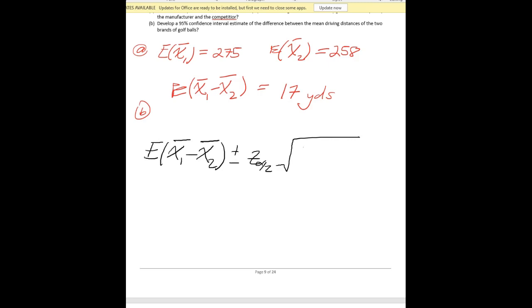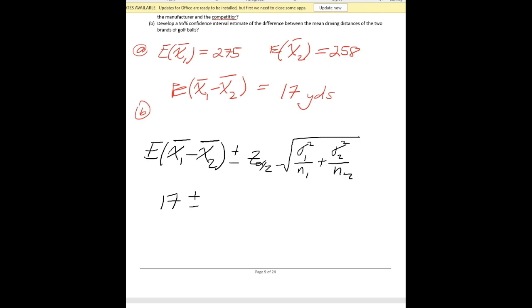Okay, so that's going to be sigma 1 squared over n1 plus sigma 2 squared over n2. And then we know that this is 17. This means plus or minus.